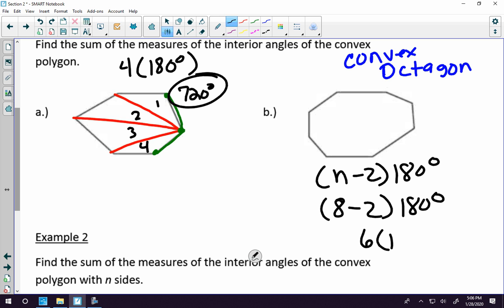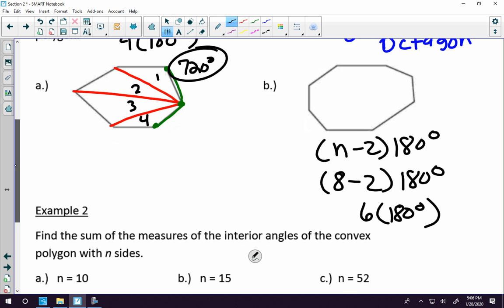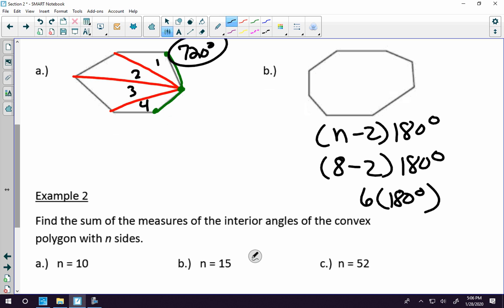So we got 6 times 180 degrees, and 6 times 180 degrees I believe is 1080 degrees, if I calculated that correctly. Yes. So the sum of the interior angles in this convex octagon is 1080 degrees.